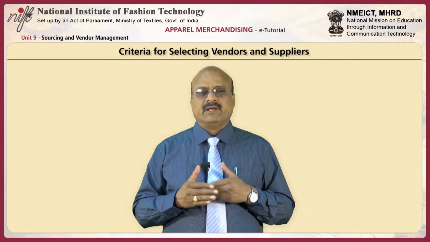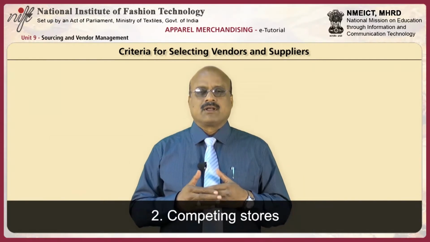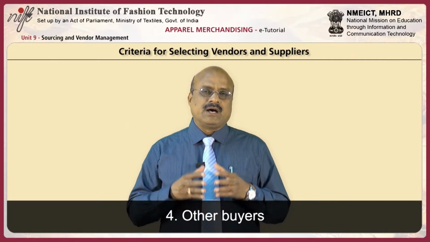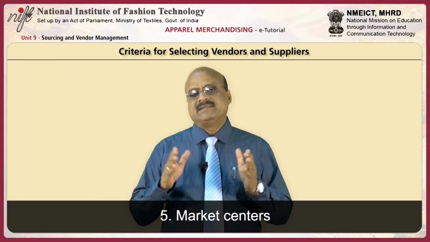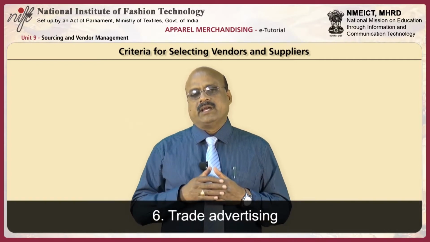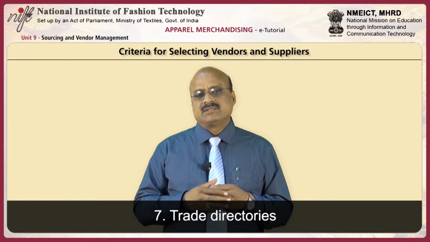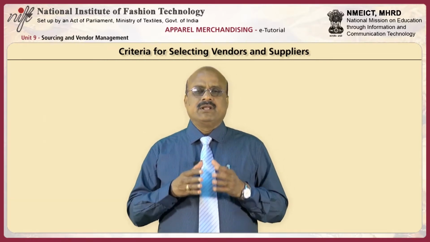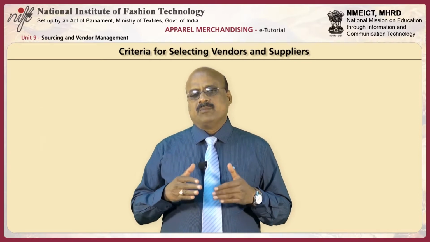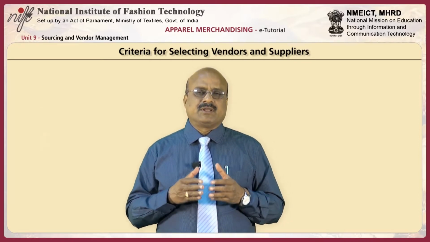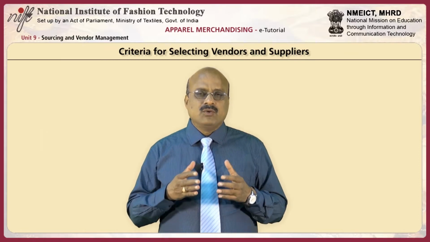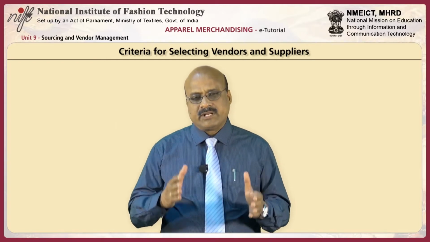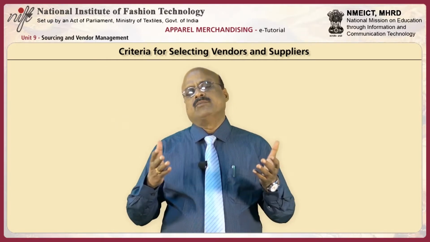This includes resident buying houses, competing stores, reporting services, other buyers, market centers, trade advertising, trade directories, observation at events, affairs, etc. Unit control records reveal a complete record of every manufacturer used by a store and include information on deliveries, selling, customer relations, markups and markdowns.